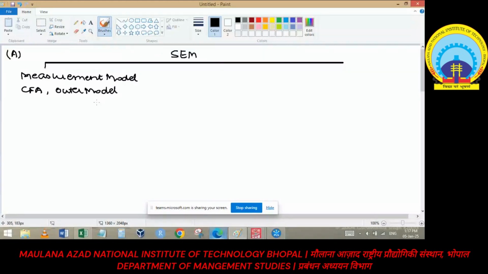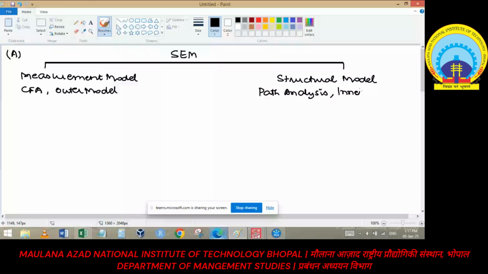And the other model we will talk about is the structural model. The other name of the structural model is path analysis. In terms of SmartPLS software, this is called the inner model.